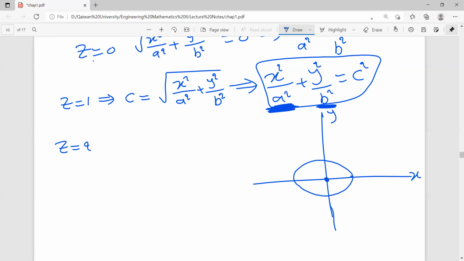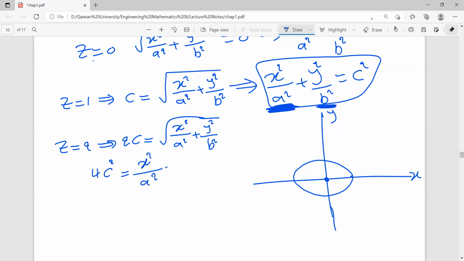For z to be 2, we get 2c equals the square root of x squared over a squared plus y squared over b squared. By squaring both sides, we get 4c squared equals x squared over a squared plus y squared over b squared.